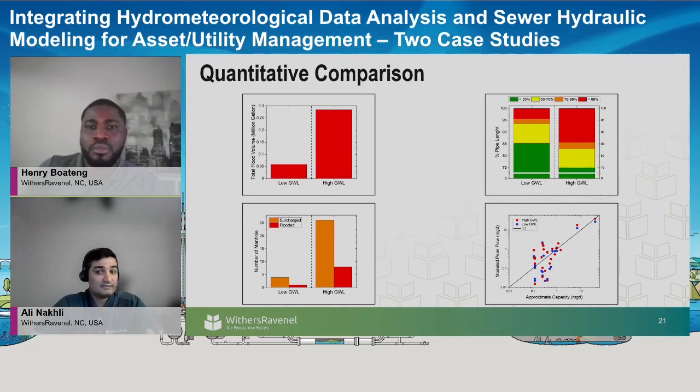This is the same information shown in a more quantitative way. We see that the total volume, basically the system response to the rain, can vary significantly. If we only use the 2022 data, we underestimate the hydraulic constraint, and any planning and decisions made based on that would be improper and inappropriate.